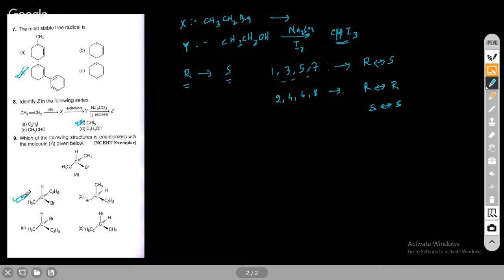What is the relation of these four? 1, 2, 3, and 4. What is the relation?